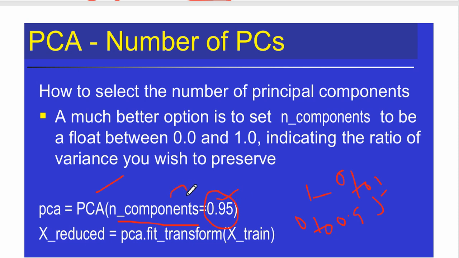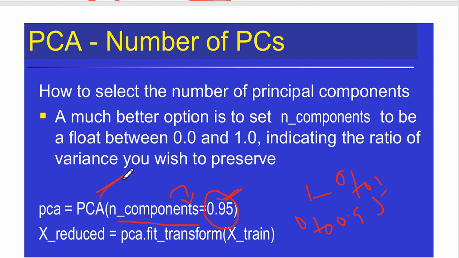Here it tells us to pick the number of components that covers 90% of the data, matching the actual data set. Okay, that is the meaning of this 0.95.